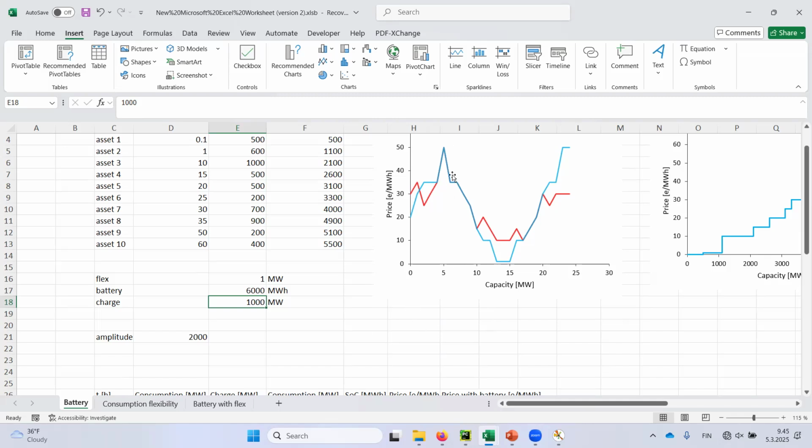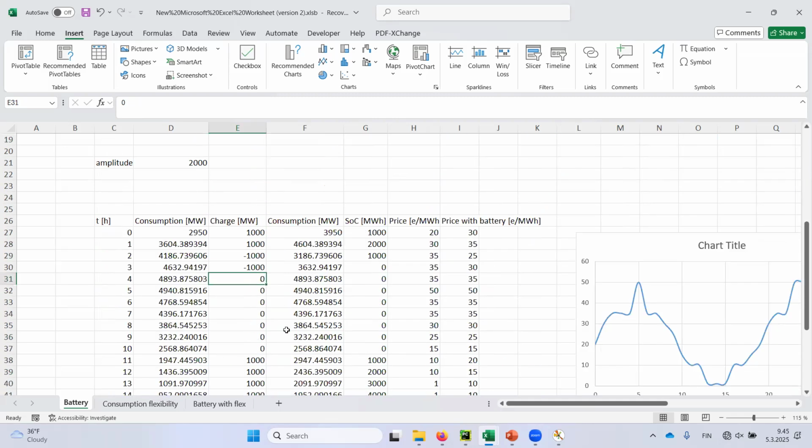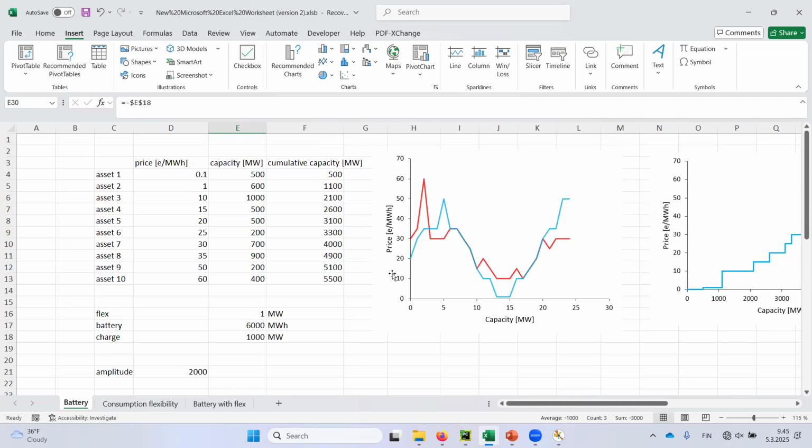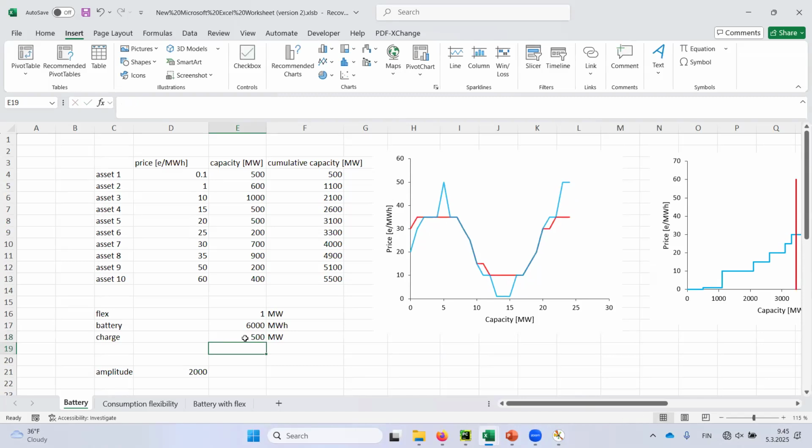It doesn't do anything in this spike because I didn't say to charge or discharge. So I could say that let's charge more in here and let's discharge in here. So yeah, that's what happens. We charged a bit more in here. So let's put 500 megawatts in here.